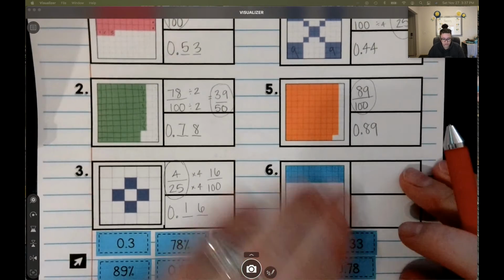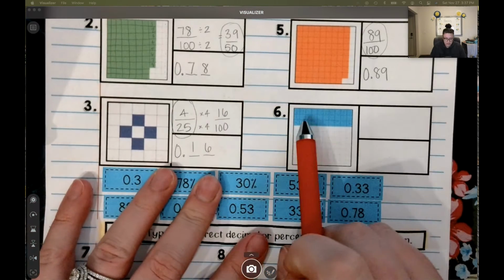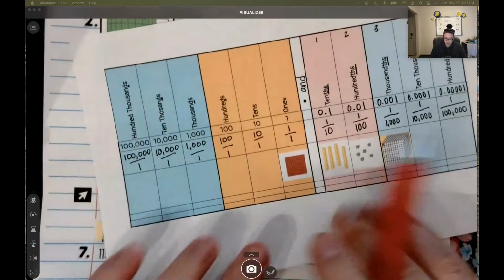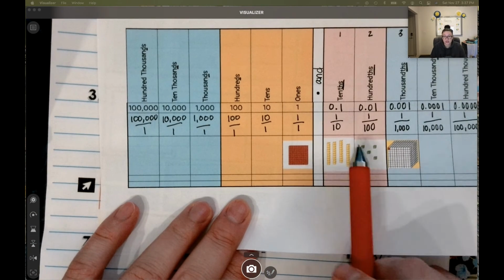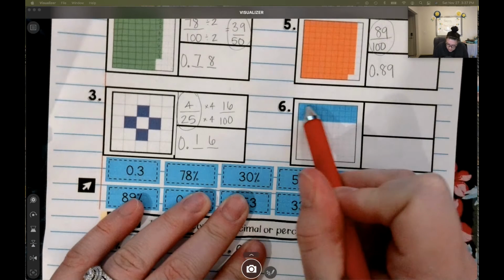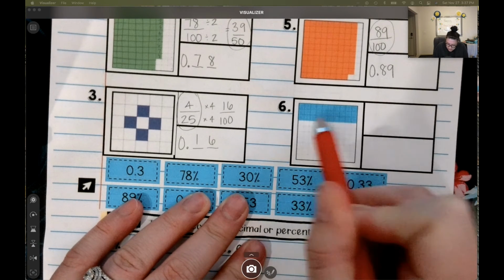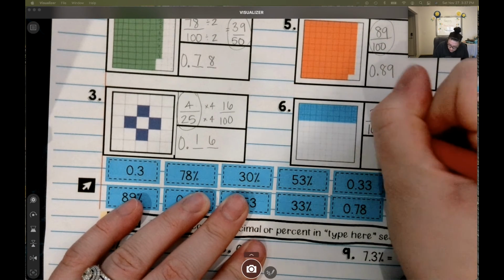And then the last one, number 6, this is where things could go either one of 2 ways. Again, like we said, for the tenths, each line is 1/10. So I can count these horizontally too, that's okay. Here's 1/10, 2/10, 3/10. So I get 3 over 10.